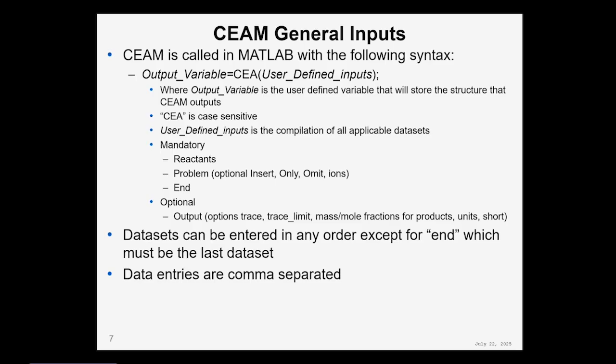Data sets can be entered in any order except for end, which has to be the last thing. So you can identify reactants first and then tell it the type of problem, or you can start with the type of problem and then do the reactants. And all the data entries are comma separated.